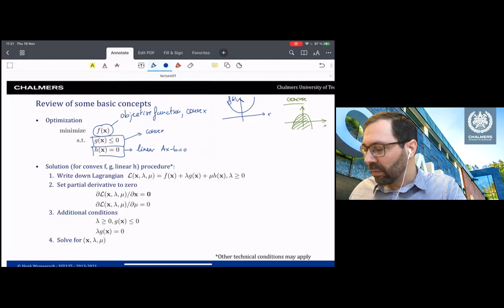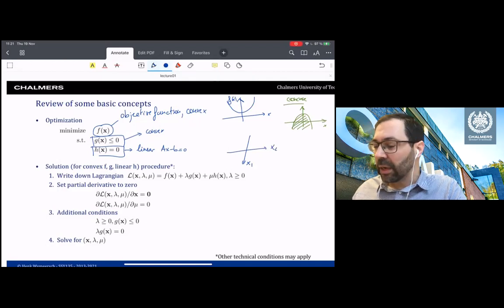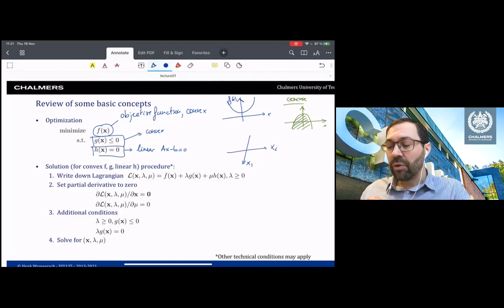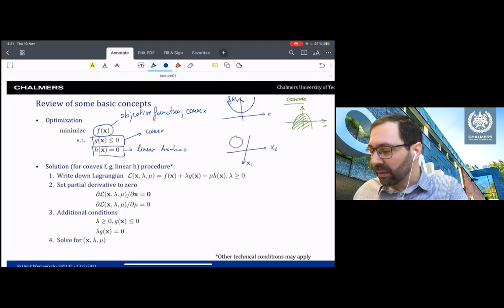One way to potentially draw this: let's say you have x1 and x2. This g of x less than 1 determines a region of x that are valid, and this region should be convex. So this determines where g of x is greater or equal than 0, and here g of x is less than 0.